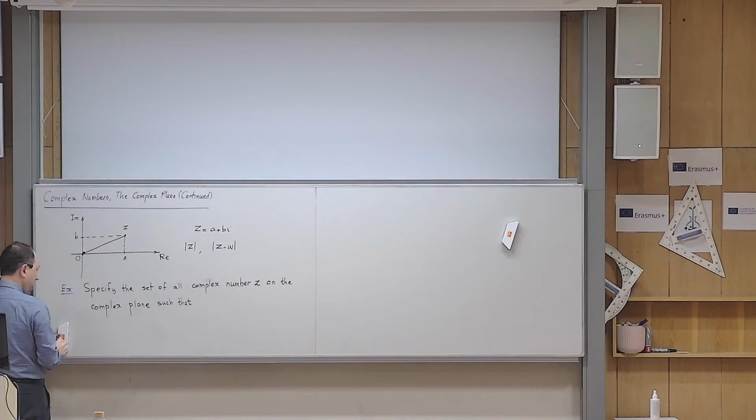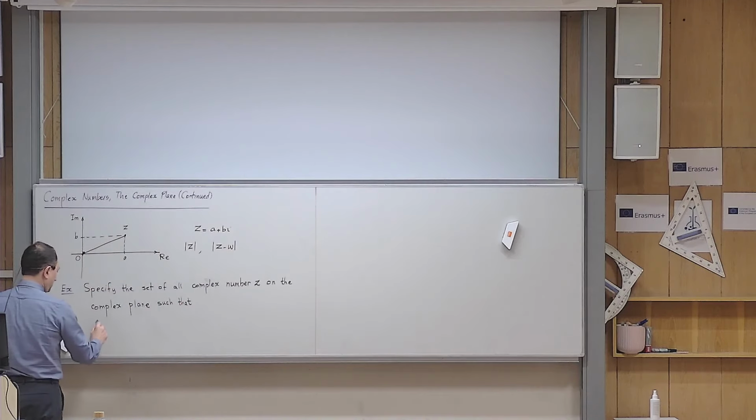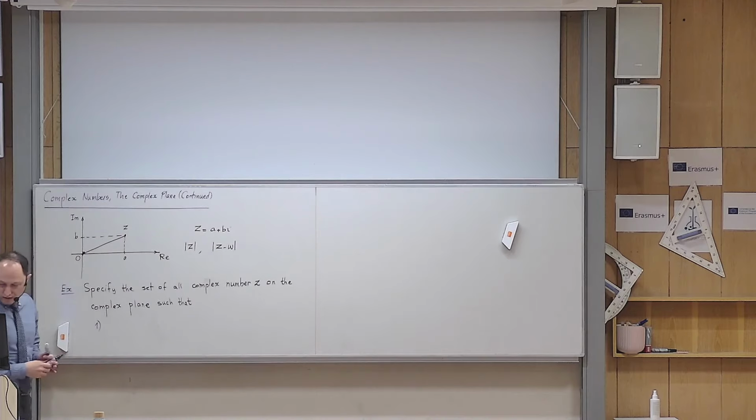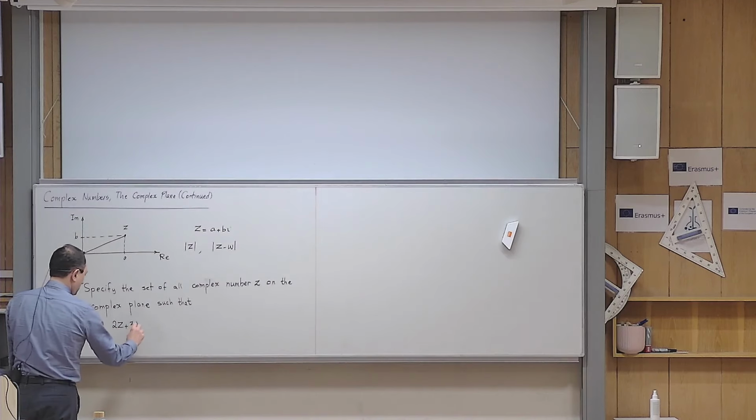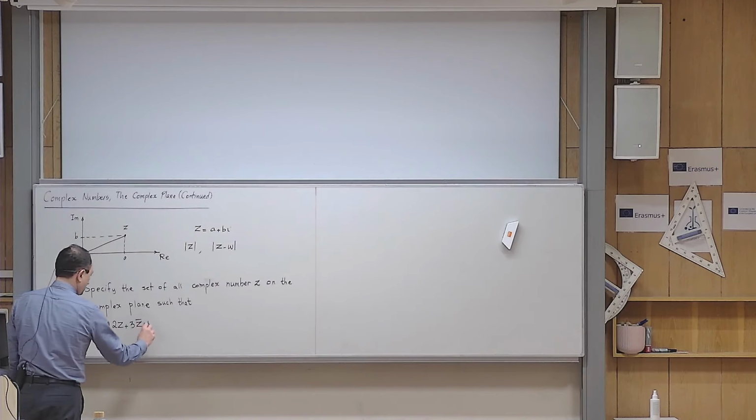number one, 2z plus 3 z bar is equal to 5.